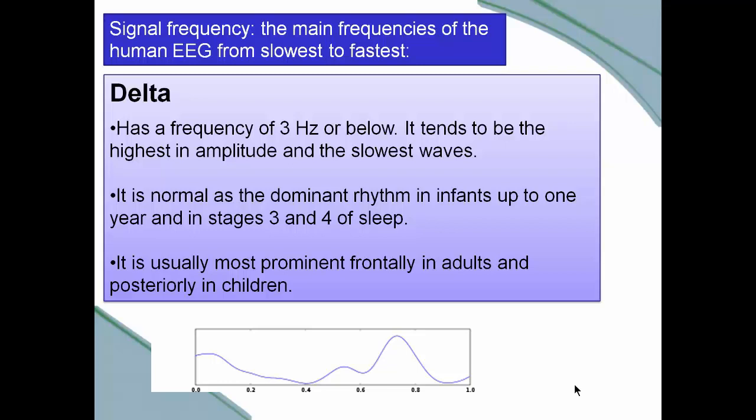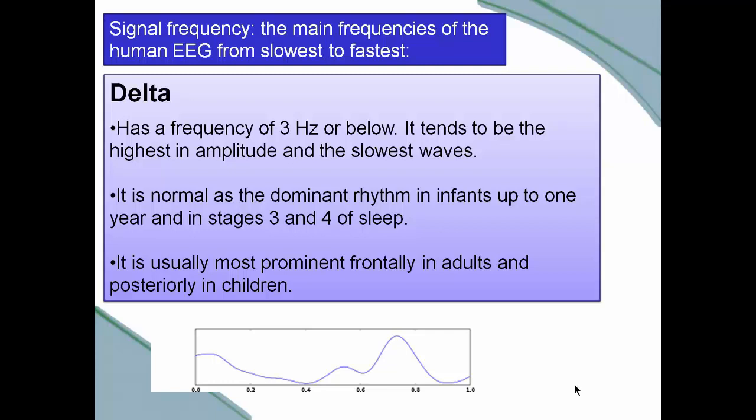It essentially sounds like a beat, going boom, boom, boom, boom. This tends to be also the very highest in amplitude. So they are the slowest waves and the highest in amplitude. If you're looking at a power spectrum, we see that delta occupies the majority of that spectrum simply because they have the highest amplitude.